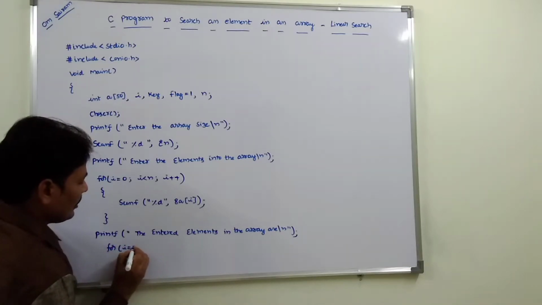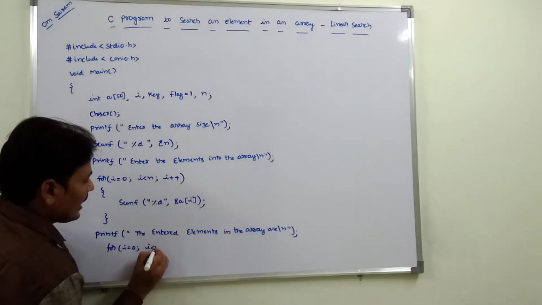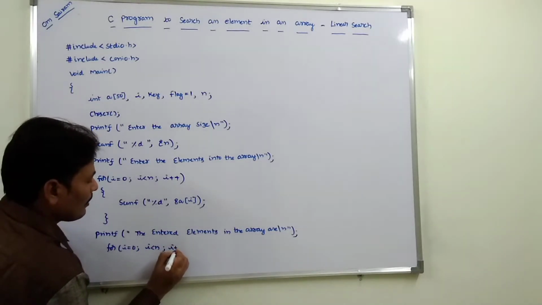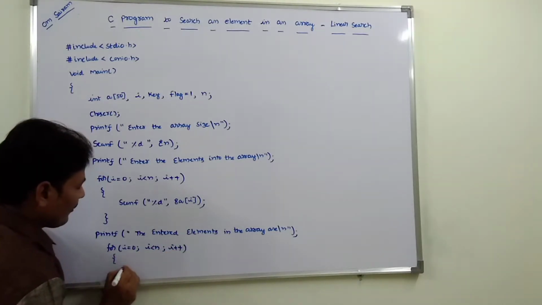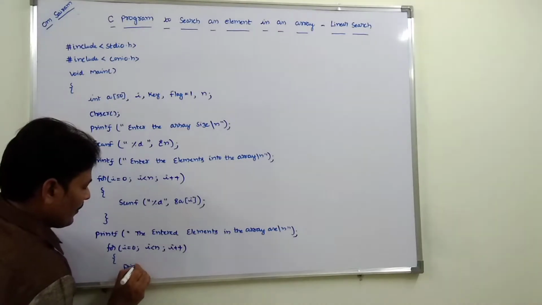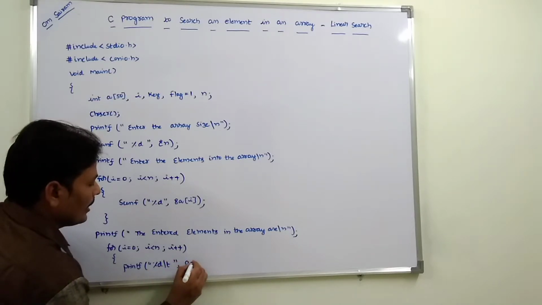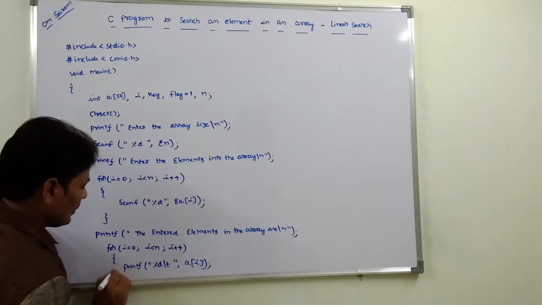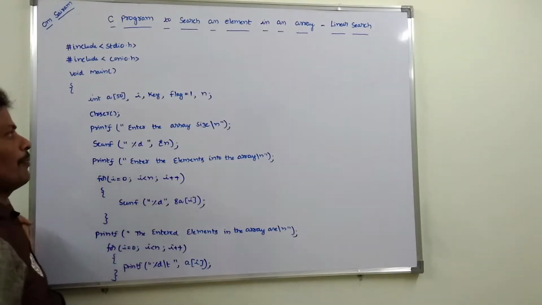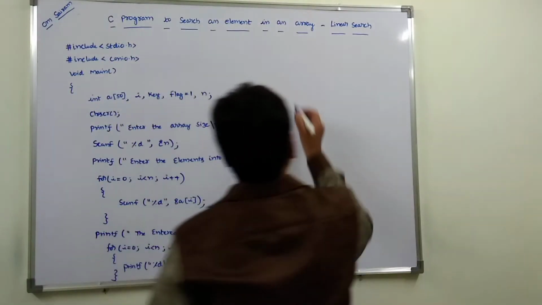For I is equal to 0, I less than n, I plus plus, printf, "%d\t", comma a of I, parenthesis close, semicolon.